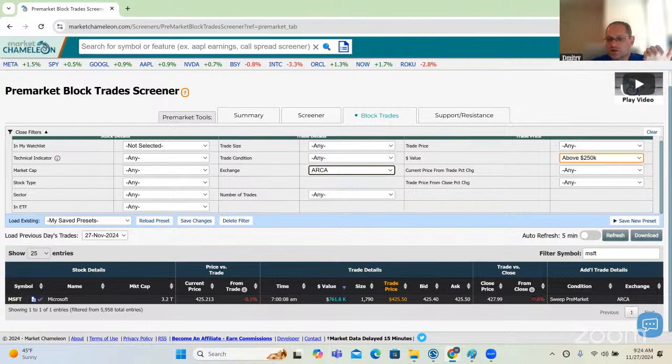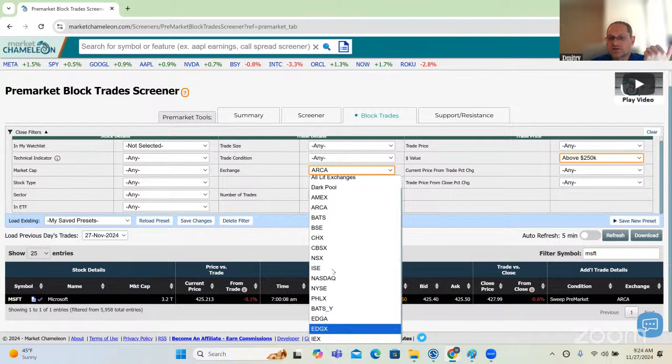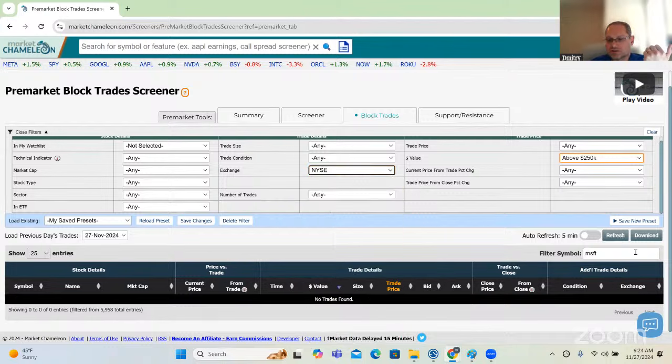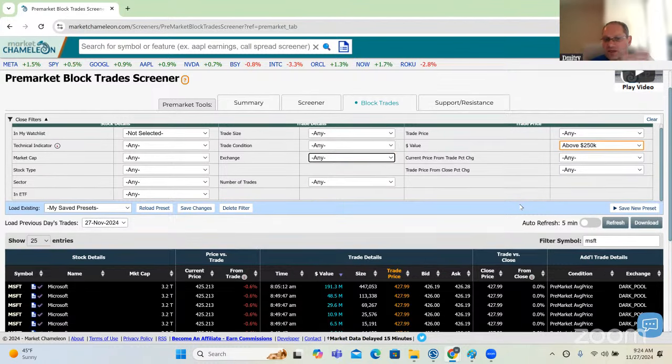So here's one in ARCA exchange and so forth. So this is a way for you to keep going. And here's New York Stock Exchange. So nothing on New York Stock Exchange. So it's a way to keep digging deeper and deeper into those pre-market trades, to get a better understanding of what is going on, where this volume's coming from, and how things are trading.